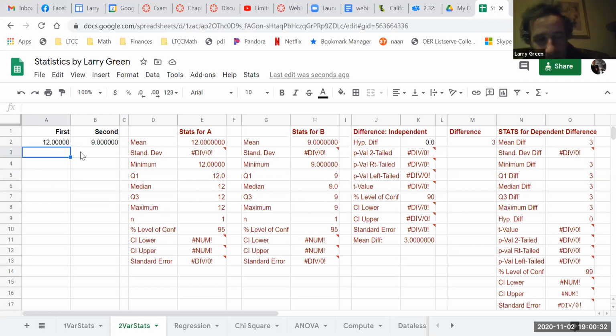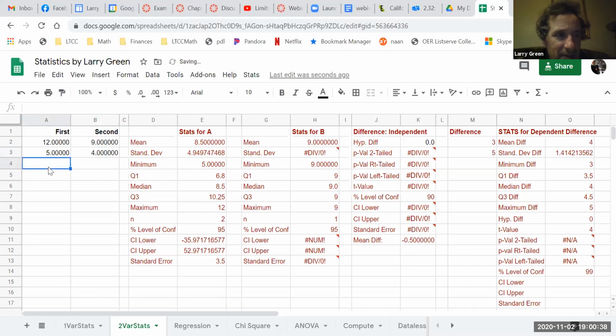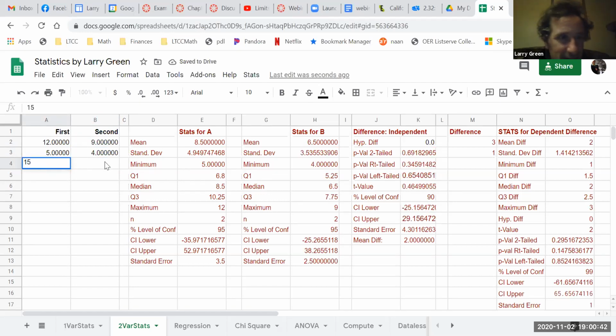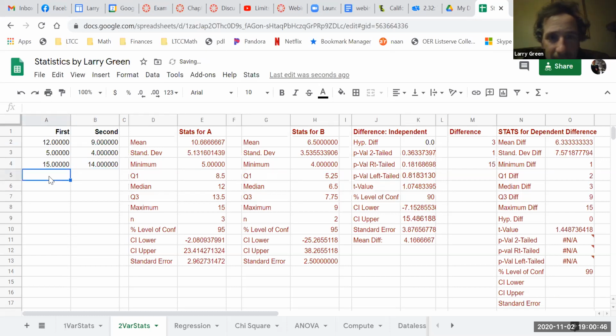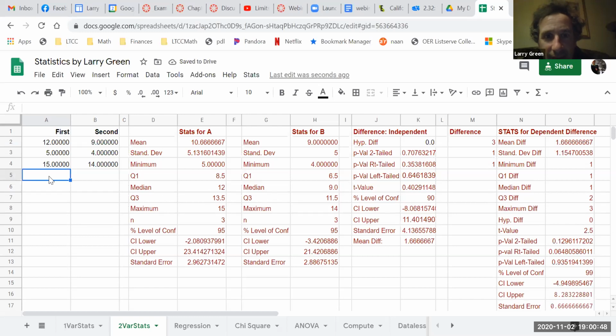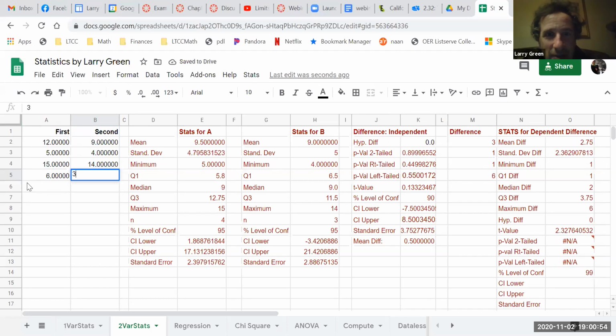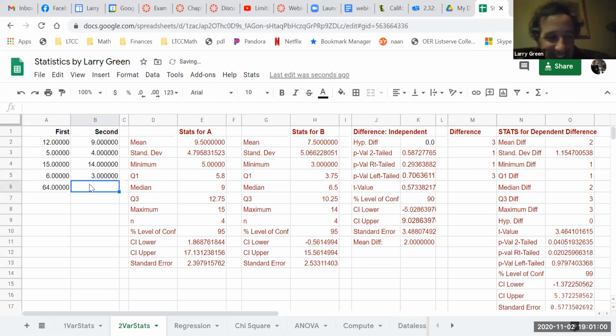So 5, 4. 15, 14. 6, 3. Whoa, 65, 40. You must have a big closet.